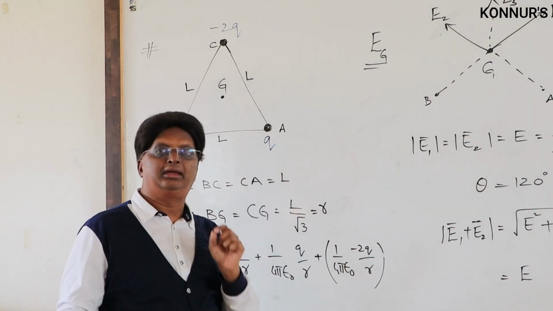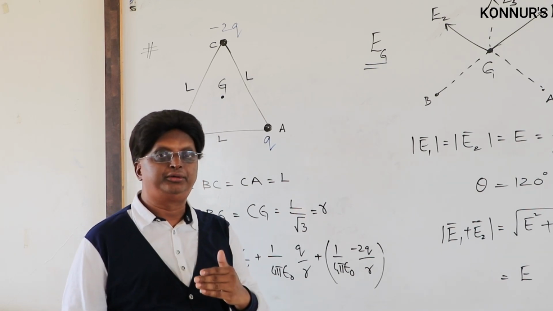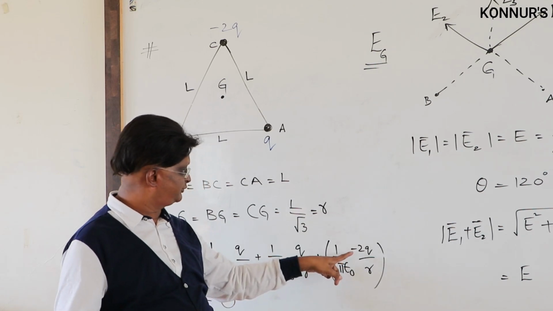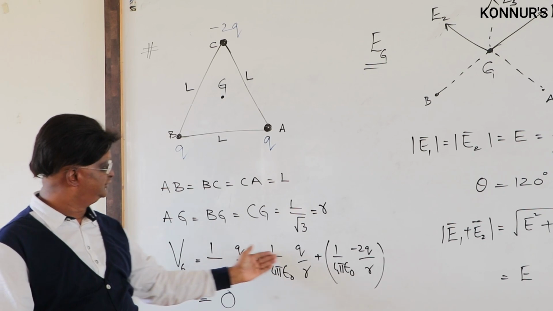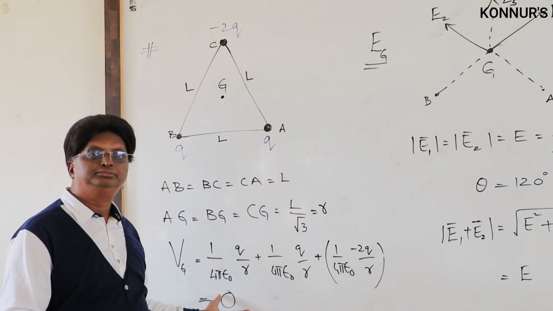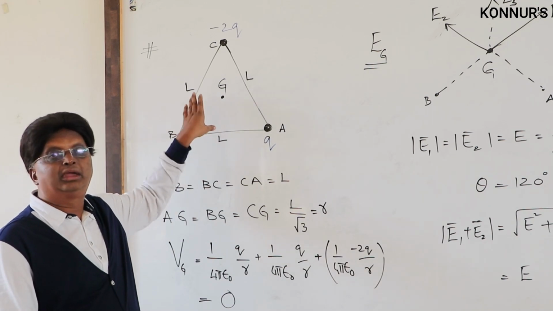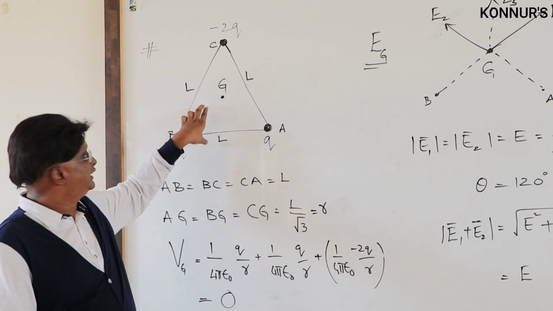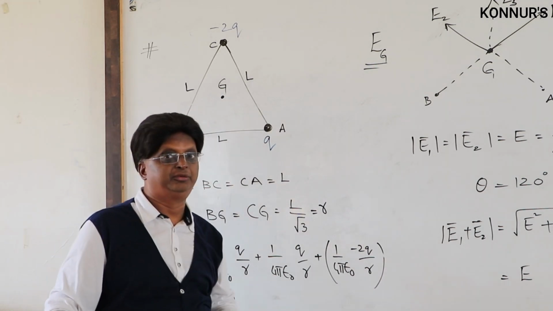Remember I told you in examples of potential, any sign given to the charge will be carried into the calculation. That is where I have substituted along with the negative sign, and you will find that this turns out to be 0, right? Now look at the figure one more time. We have a complete symmetry, an equilateral triangle, and the given point is also a point of symmetry.